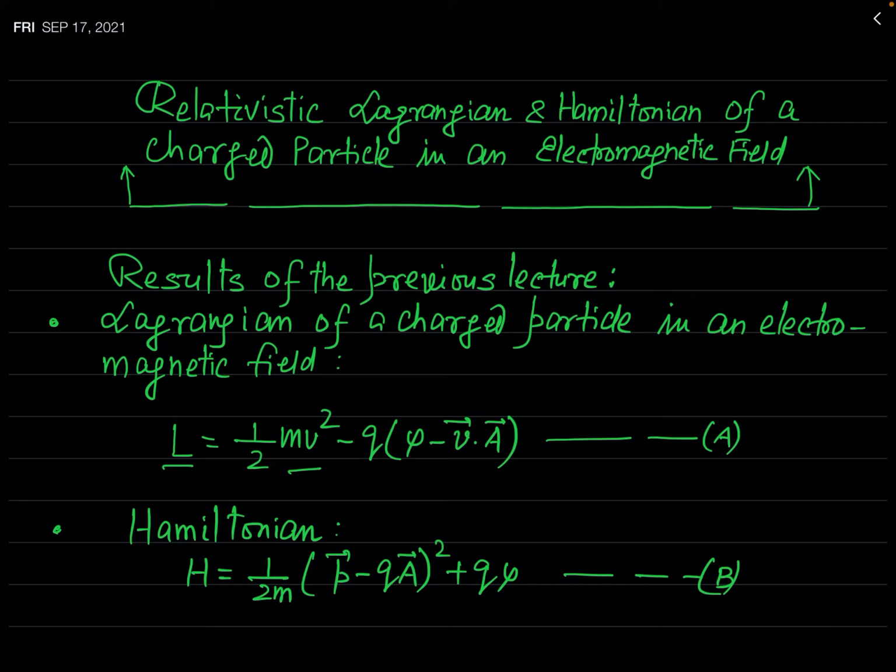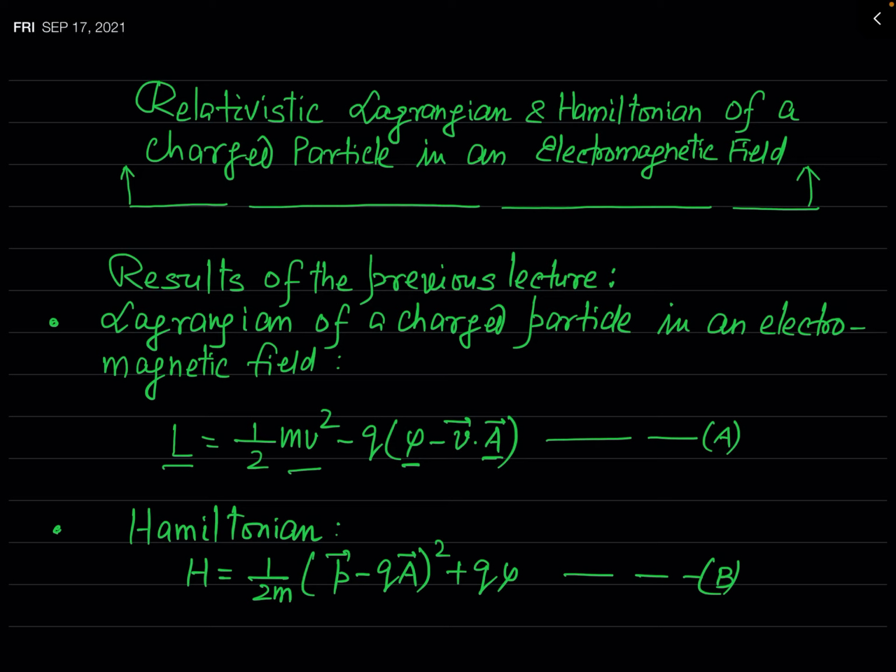And q is the charge of the particle, phi is the scalar potential, and this vector A is known as the magnetic vector potential.